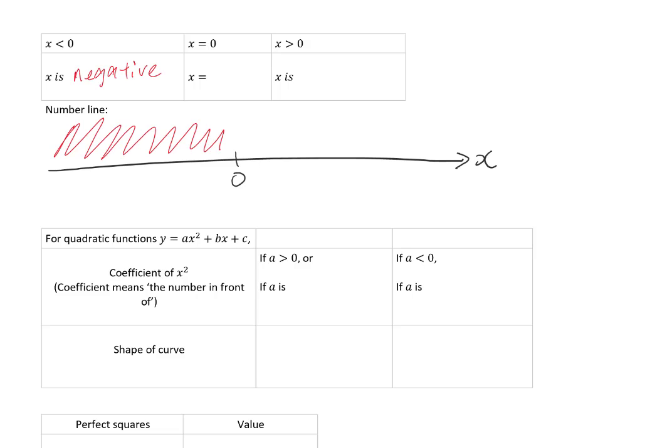So in that number line, my red zone here, left side of 0, means x is negative. Then x equals 0 means x equals 0. Nothing changed. Then x more than 0 means x is positive, meaning I'm looking at the right side of 0.